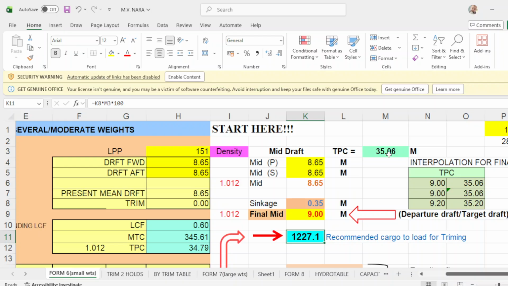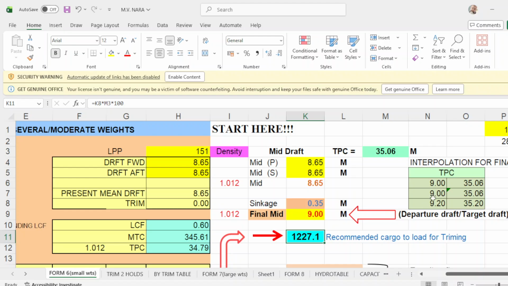Okay, times 100, then you will get 1227. Now, the question is, why did I use the TPC of 9 meters? Because this will be your final draft or your final departure draft. Of course, you will use this one to comply with this cargo upon loading.